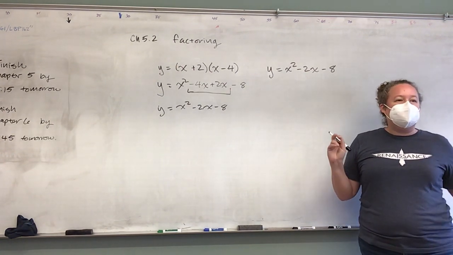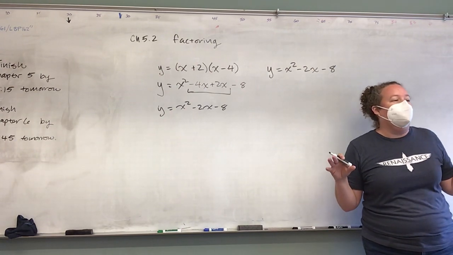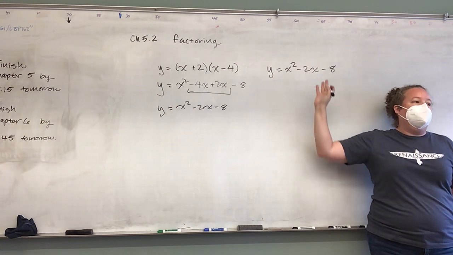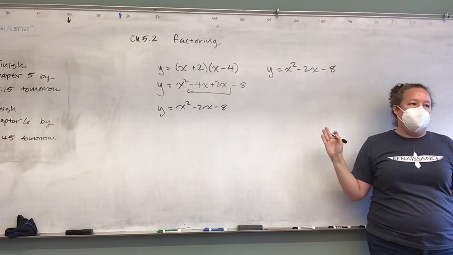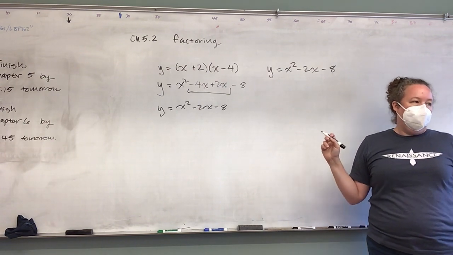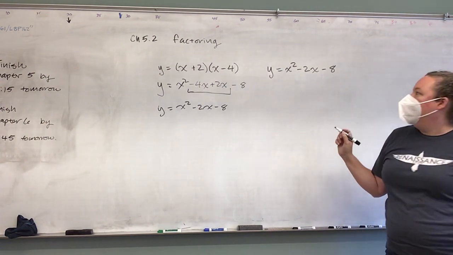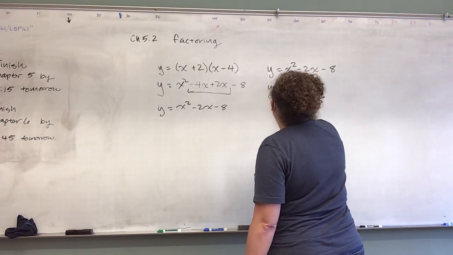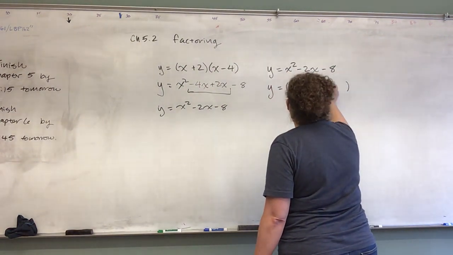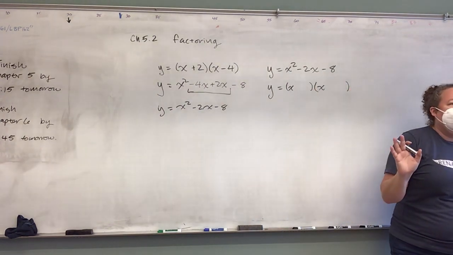Who wants to explain a method for how we basically reverse FOIL? How do we go from standard form to intercept form? Yes, Lily. Well, we can start by just writing x and x in each one of the parentheses because there is no coefficient for x squared, so we know that's just going to be x. That's exactly right.